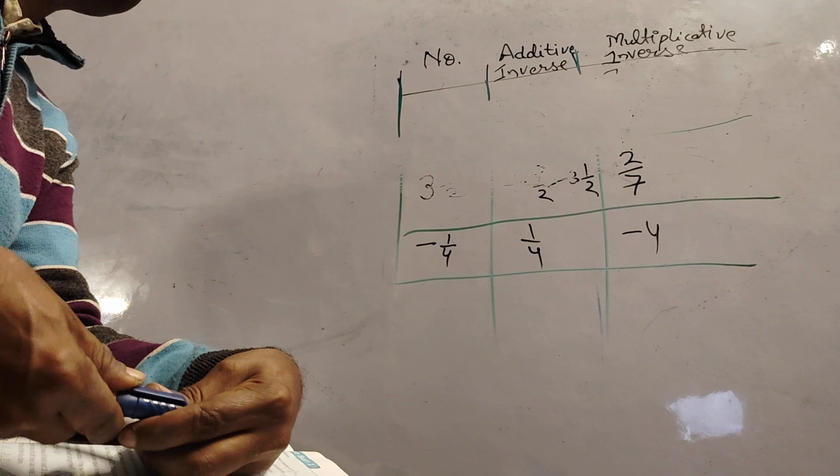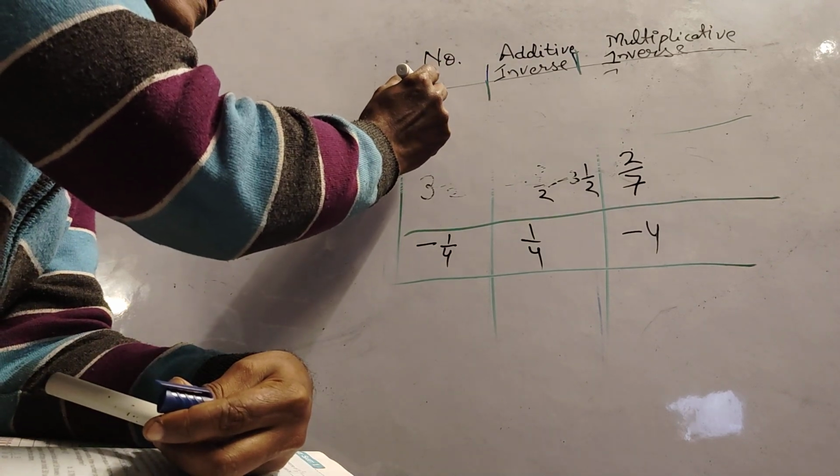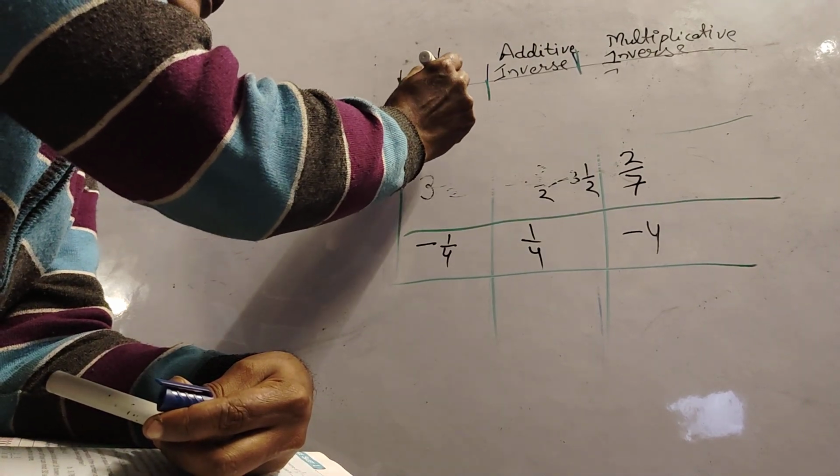Next number is negative 3 complete 1 over 2.